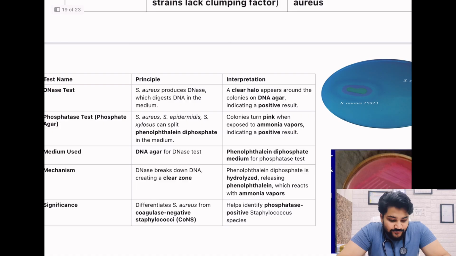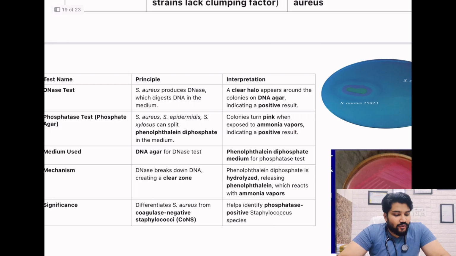Staphylococcus aureus hydrolyzes the phenolphthalein diphosphate medium, and after hydrolysis they form phenolphthalein. When you pass ammonia over these colonies, they will turn pink.